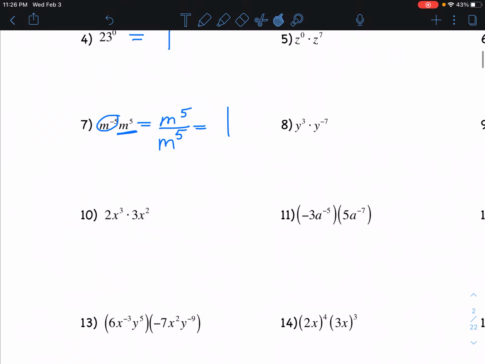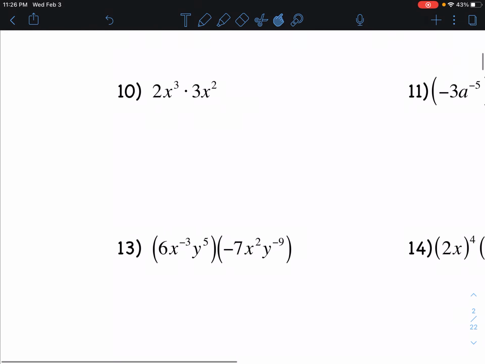Moving on. Number 10. Now, this is a little bit different, and this is why I'm doing some of the problems. In the main bulk of the lesson, I just taught you the basics. So what we can do here is treat these things separately. We can do 2 times 3 to get 6.